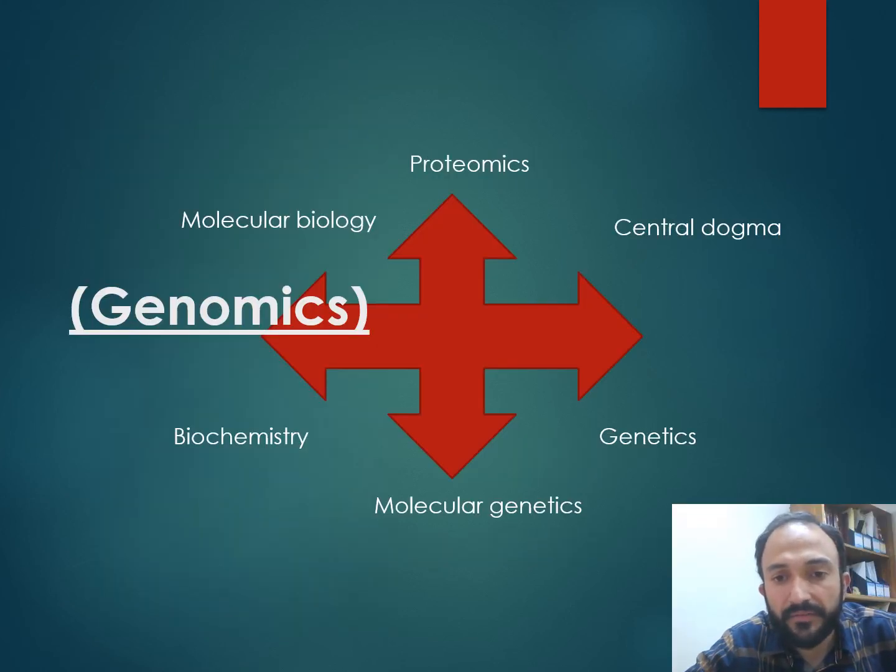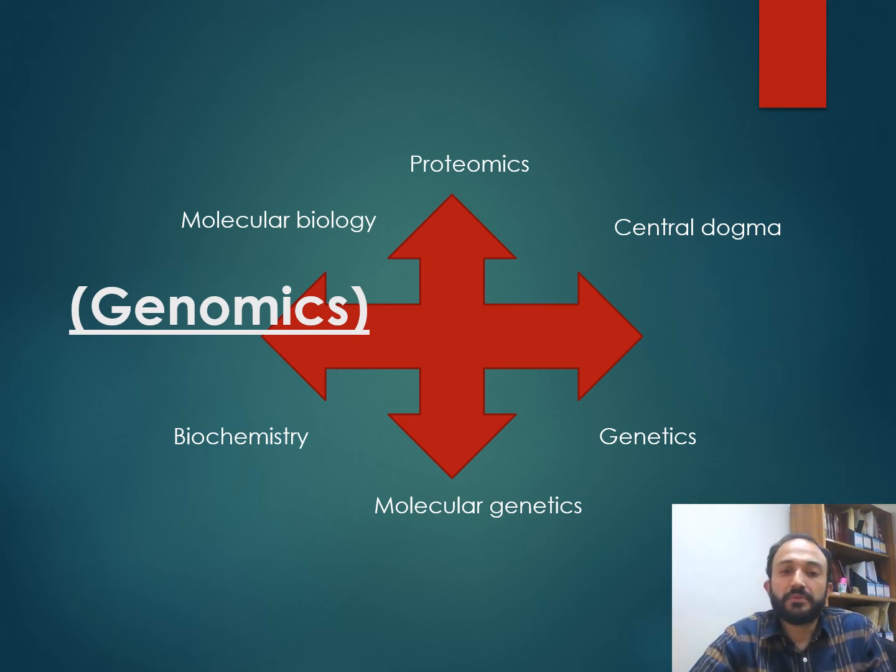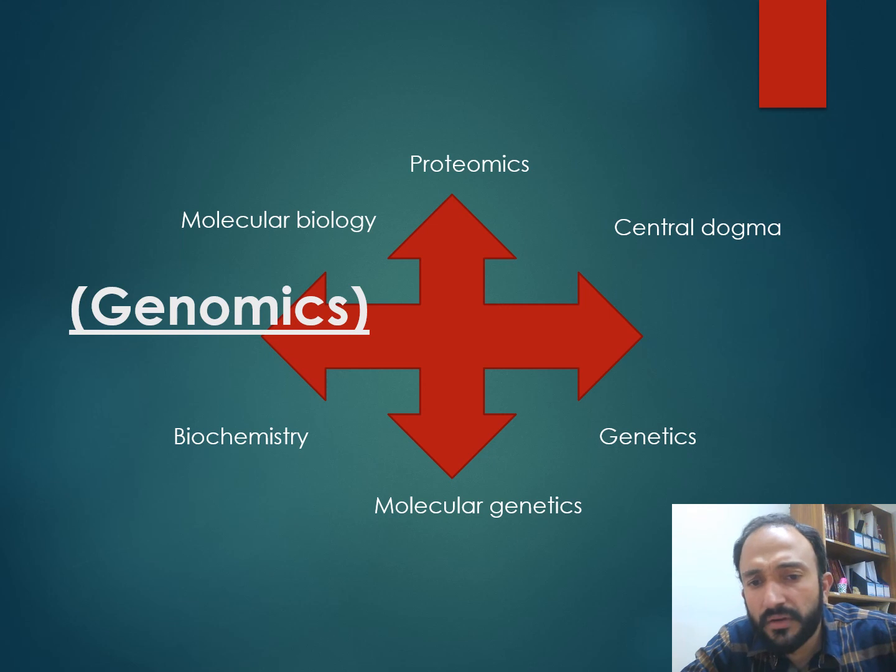Again, mainly genomics, in genes, everything is made up of DNA. So if you talk about biochemistry, molecular genetics, central dogma, proteomics, molecular biology, any other fields, all start from the genome of a cell.